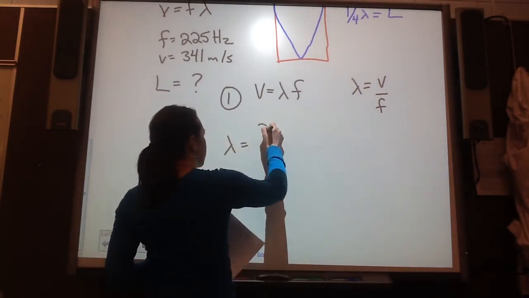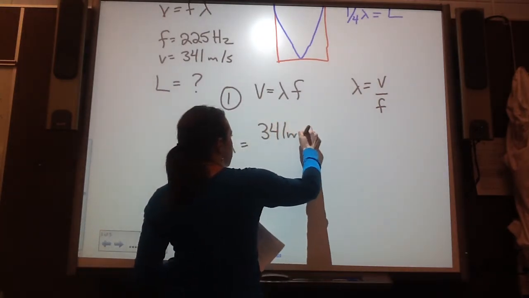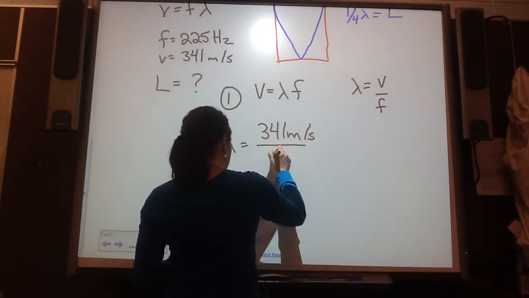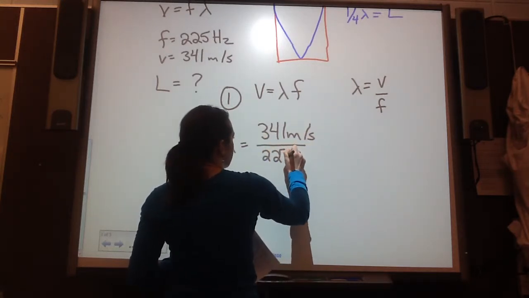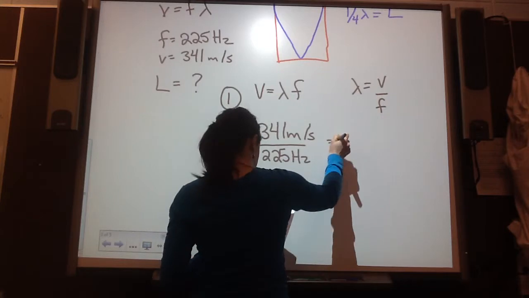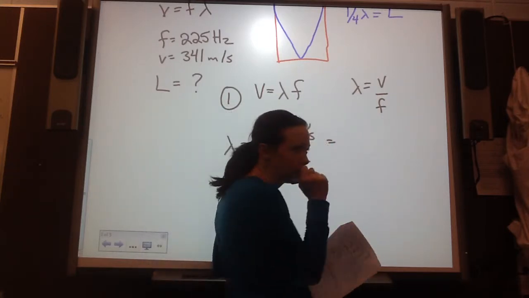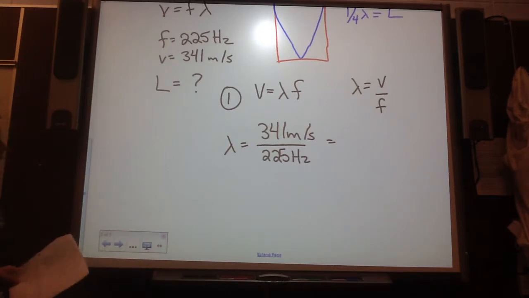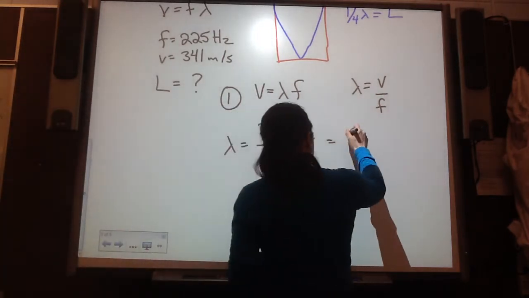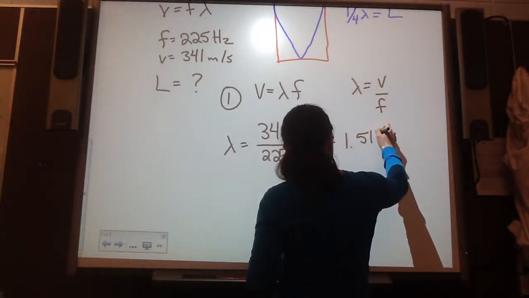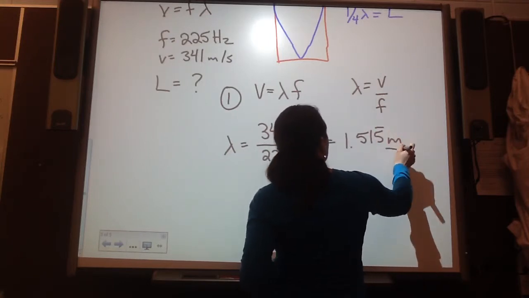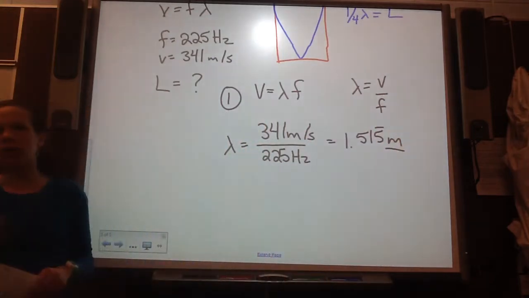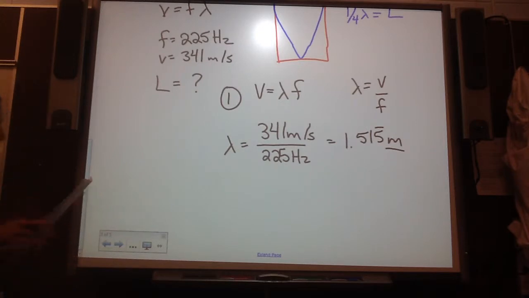We can plug those values in, 341 meters per second divided by 225 hertz. So 1.515 repeating meters. Remember to include your units as you're going along so that you remember.